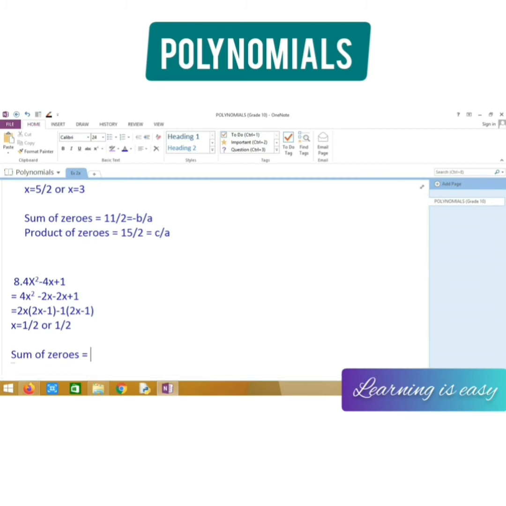So 1 by 2 plus 1 by 2 is 2 by 2, which can be multiplied by 2 by equivalent fraction on both numerator and denominator to get the form of 4 by 4 as minus b by a.